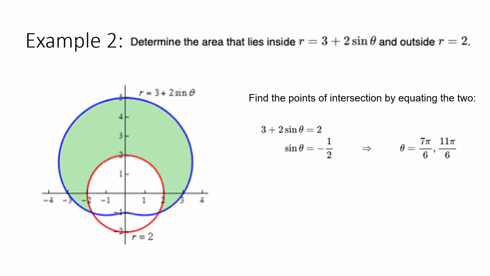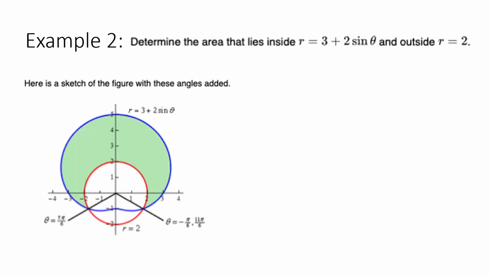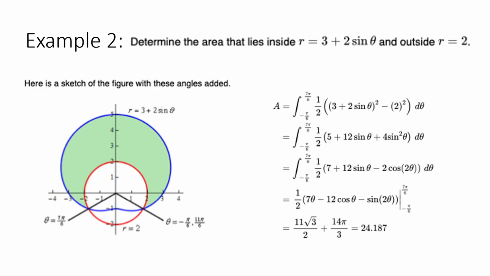Okay, so this would be the solution. So again, it's negative pi over 6 because we are measuring counterclockwise. So again, you don't have to go through this trouble anymore because you are going to use your calculator.